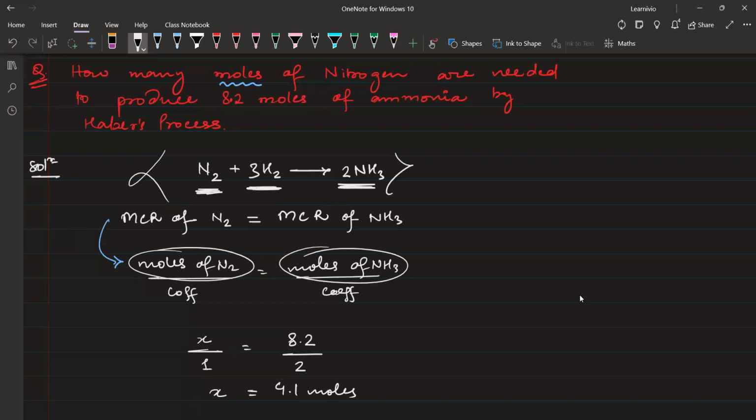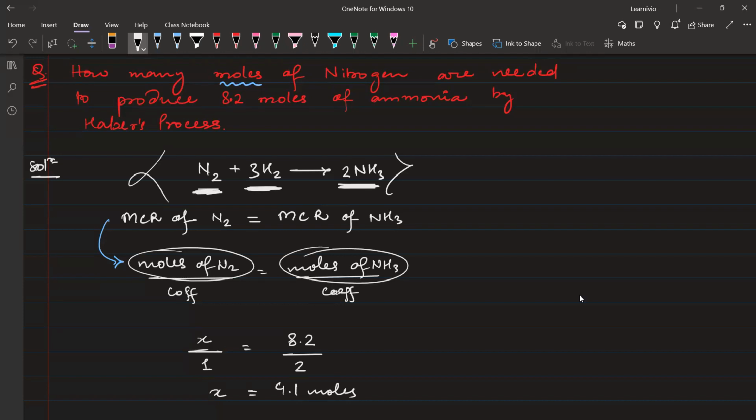Once again, 1 mole of nitrogen reacts with 3 moles of hydrogen to give 2 moles of ammonia.